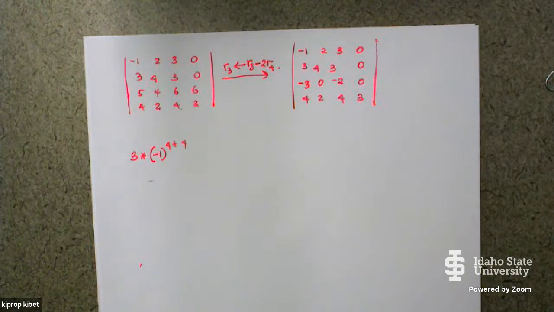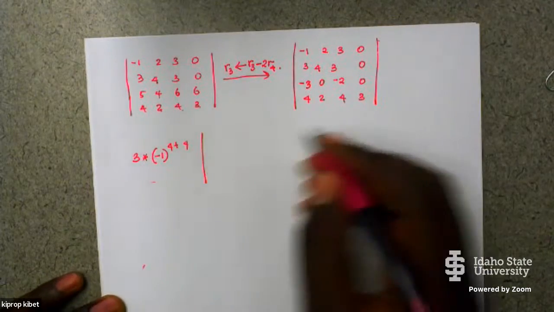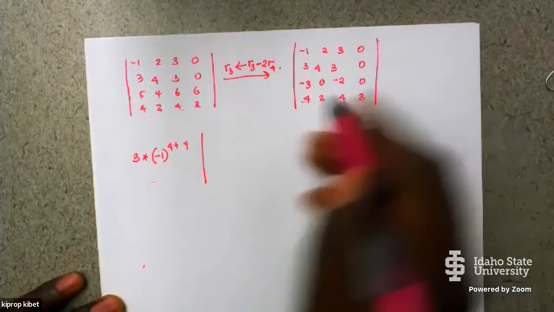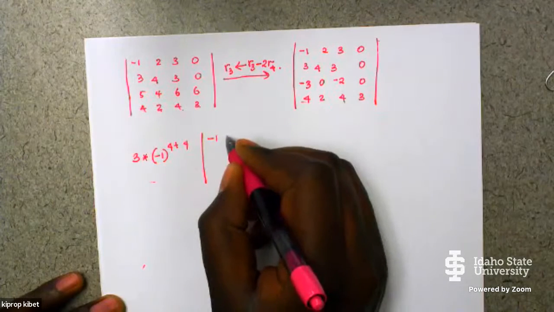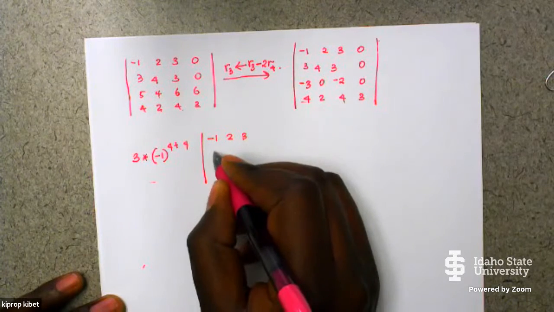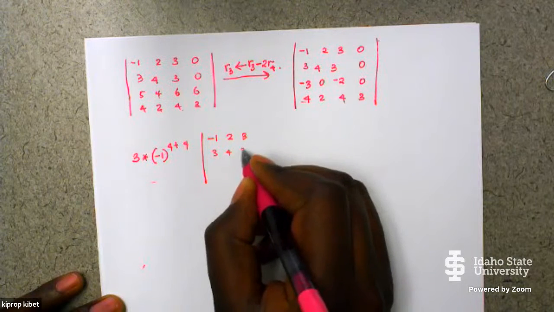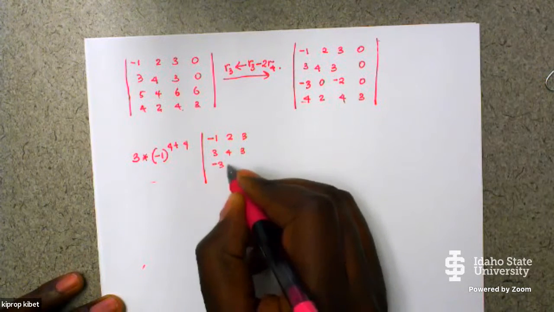And then the determinant of what remains, having deleted this and this: the determinant of -1, 2, 3; 3, 4, 3; and then -3, 0, and -2.